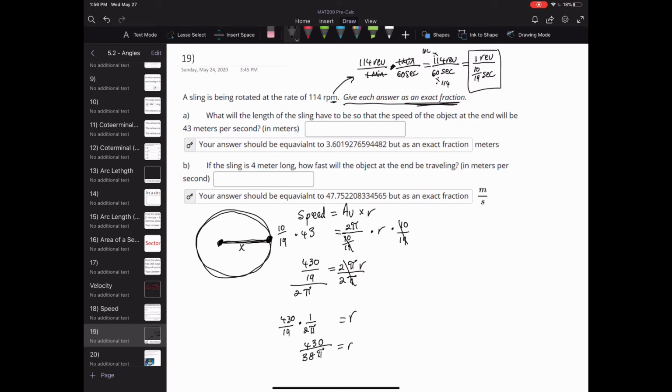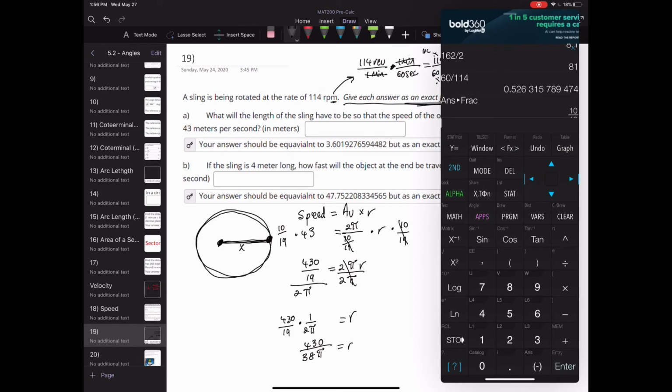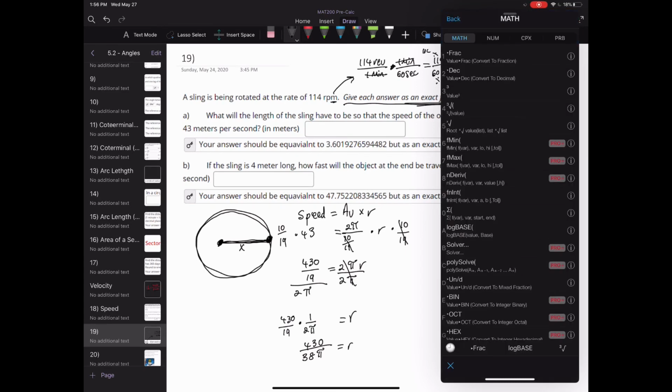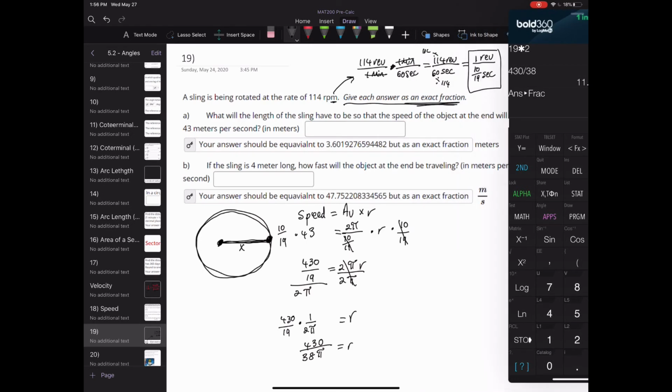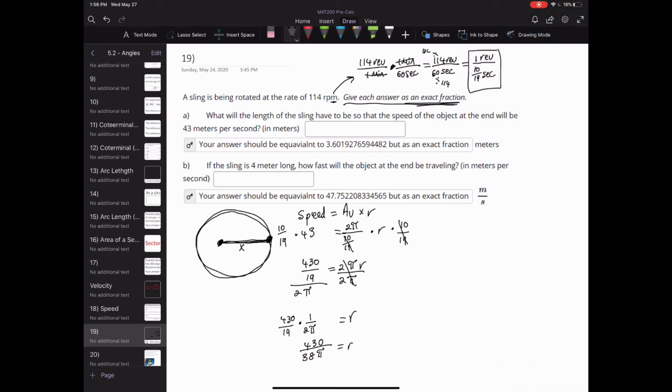Let's see if we can simplify that. 430 divided by 38. And obviously I know we can, they're both even. And math, enter, enter. And we get 215 over 19. So the radius is equal to 215 over 19, and the pi is actually on the bottom.